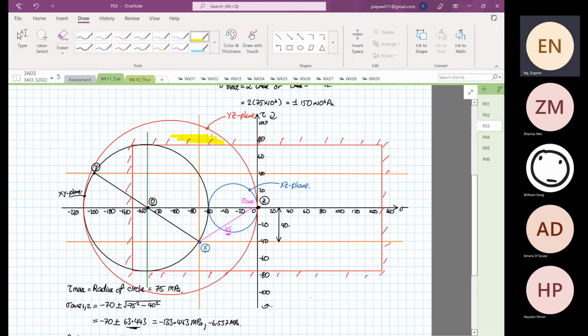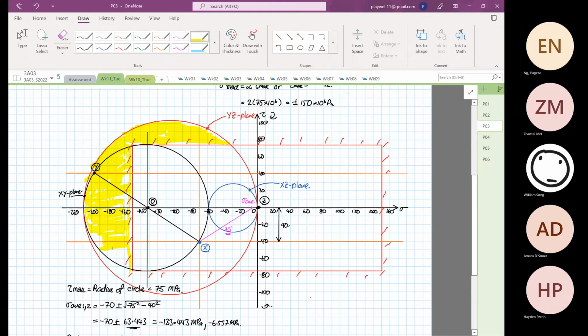The circle went outside the what? This region is outside the allowable boundary, yes or no? So this is not a possible answer, because the material will yield. I'm going to shade quickly.